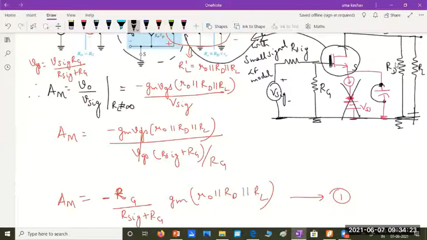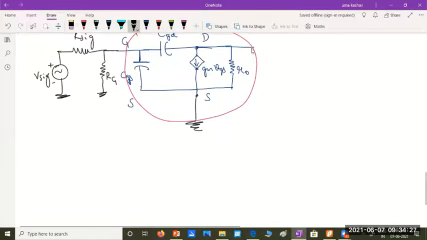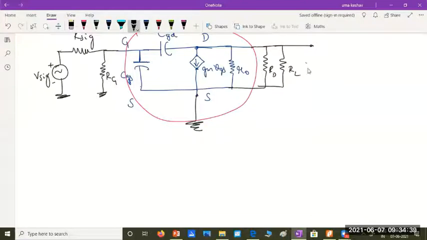On the output side, we have RD in parallel with RL, and we'll measure the output voltage here.